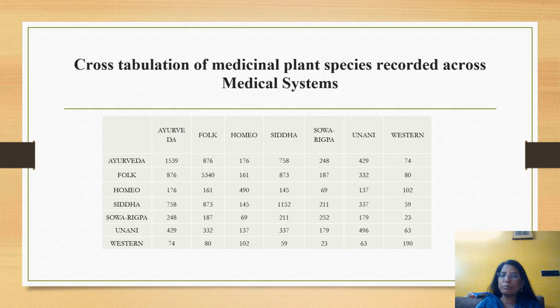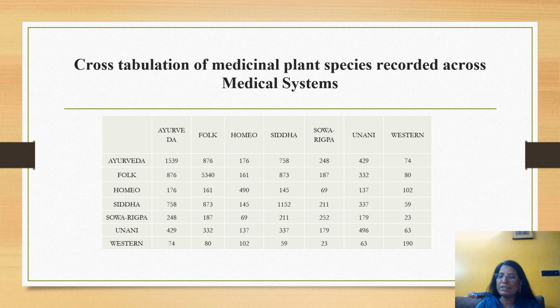Now, this is a tabulation showing the enumeration or listing of the plant species that have been used in different medical systems. You might be confused by looking at the table, but just look at the x-axis and y-axis, where Ayurveda on the x-axis and Ayurveda on the y-axis says about 1,539 species.